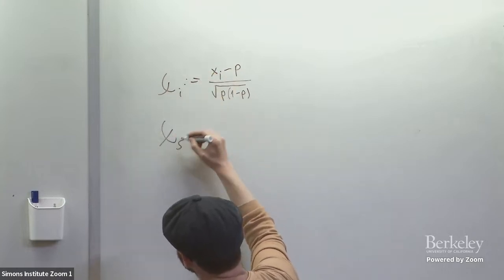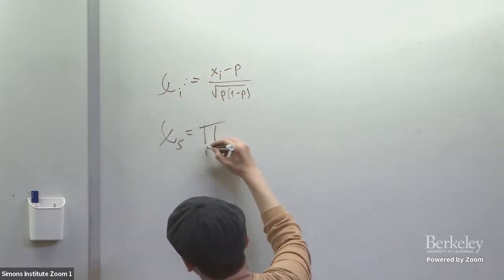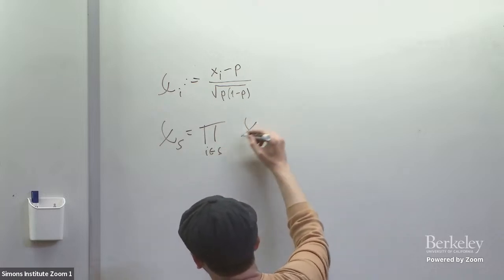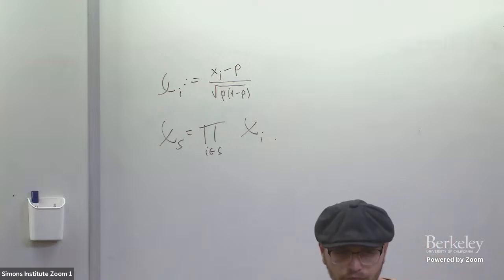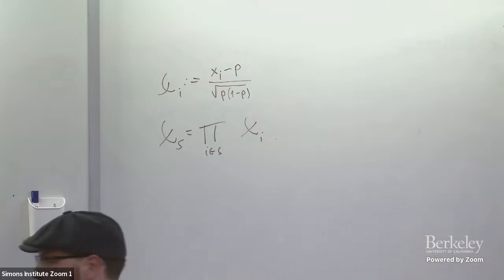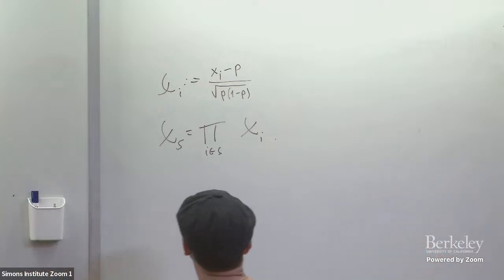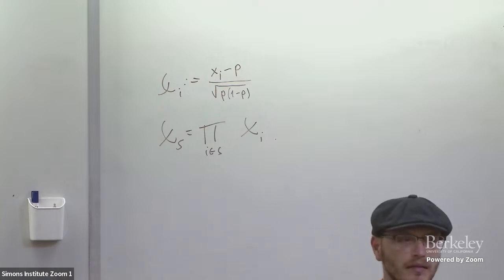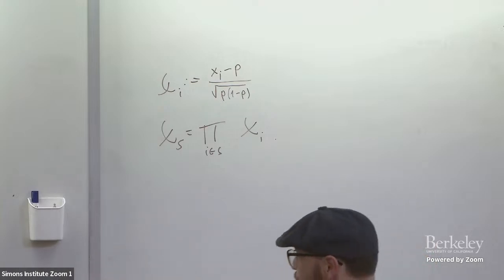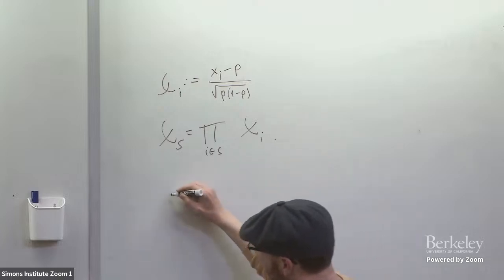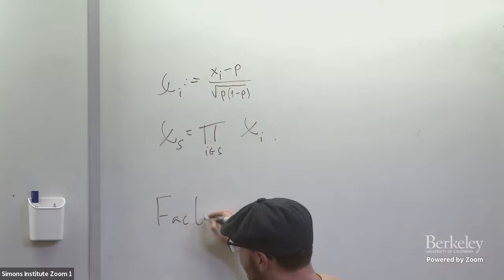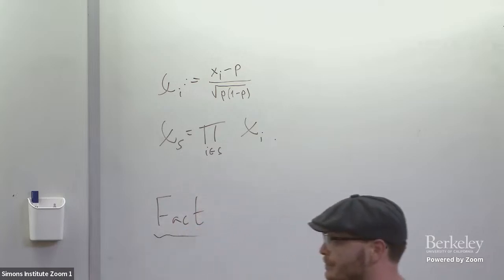Then we let chi_S be the product over i in S of chi_i. You can check that when p is 1/2, we get the same basis as earlier. And now it turns out that the same proof from before works.